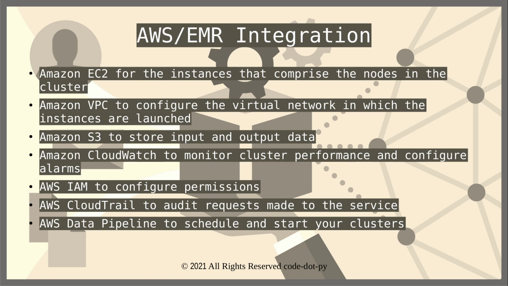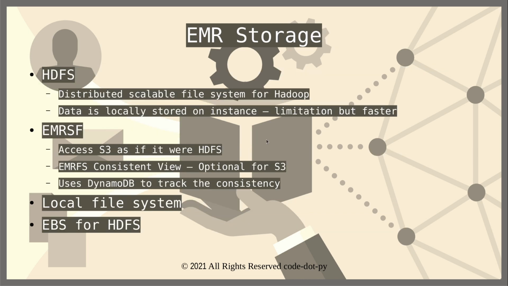AWS IAM is used to configure the permissions. AWS CloudTrail is used to audit the requests made to the services, and AWS Data Pipeline is used to schedule and start your clusters. So in all, these are the core services that become a part of an EMR integration scenario, and they each play a different role as per the requirement in the overall application setup.